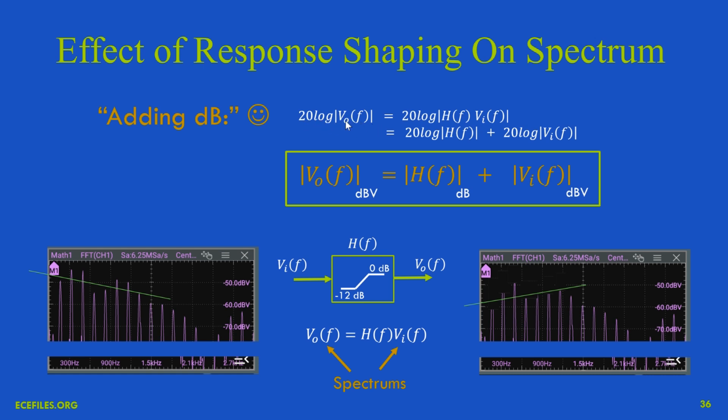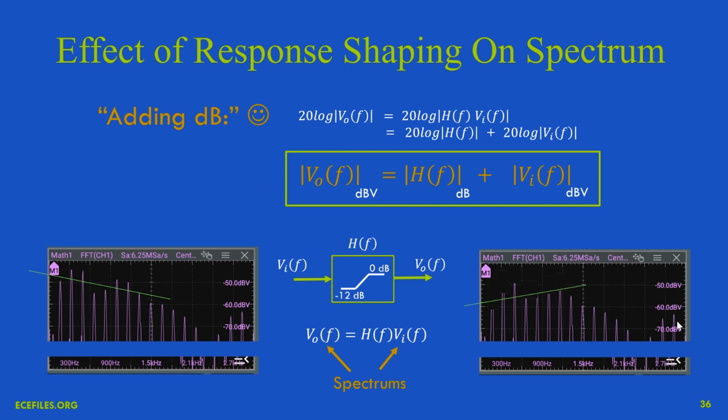So 20 log of the magnitude of V out is equal to 20 log of the magnitude of the product of H and V in. Using rules of logarithms, you can get this second expression here. And then we note that this 20 log H of F is just H of F in dB. So that's this term. 20 log magnitude of V out is just magnitude of V out in dB volts.